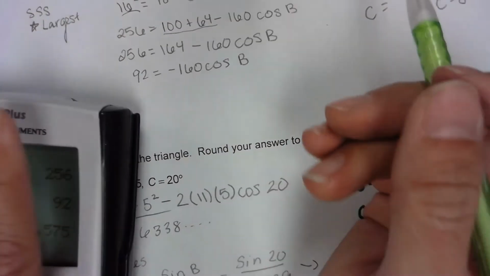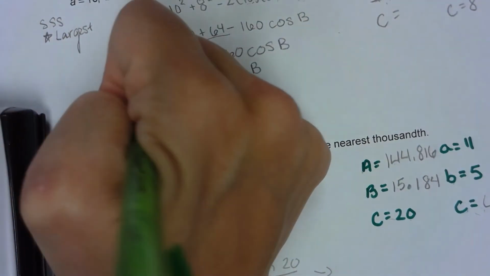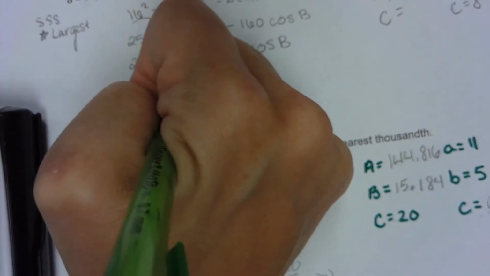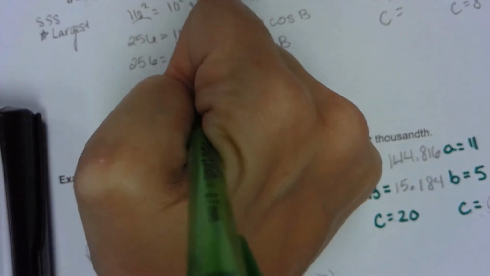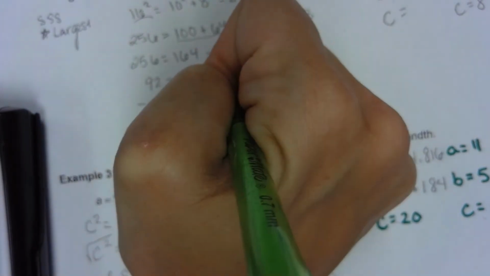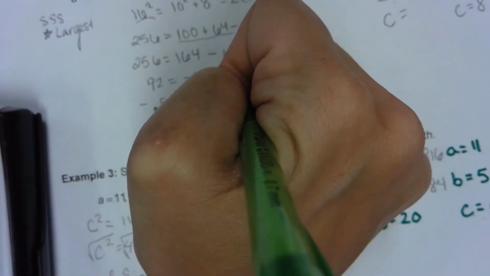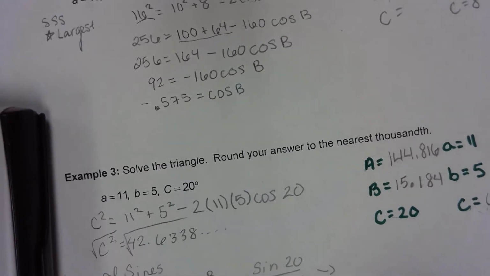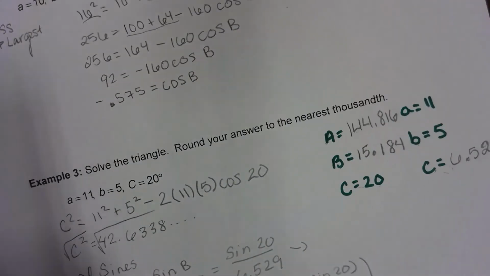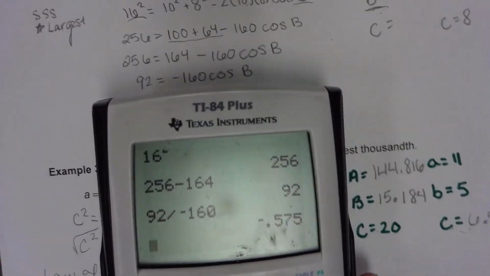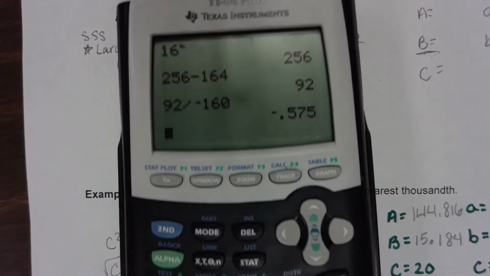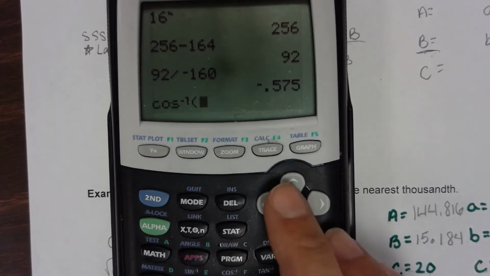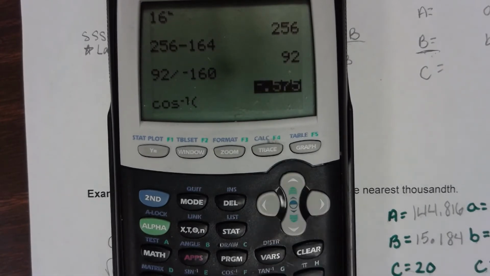So we're at negative 0.575 equals cosine B. How do you get rid of cosine? Hopefully you said inverse cosine. So I can go second cosine, that gives me my inverse, and I can just take the answer from before.